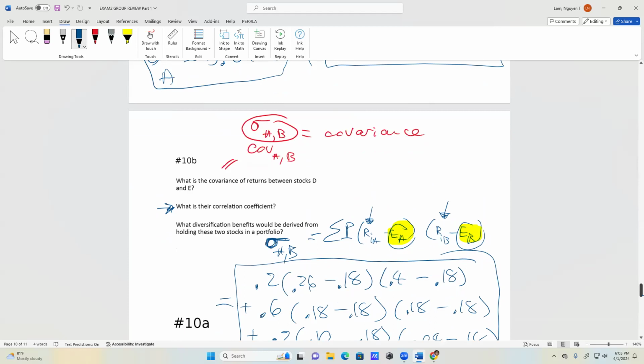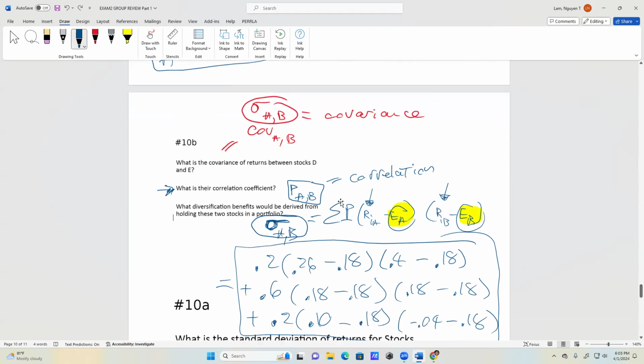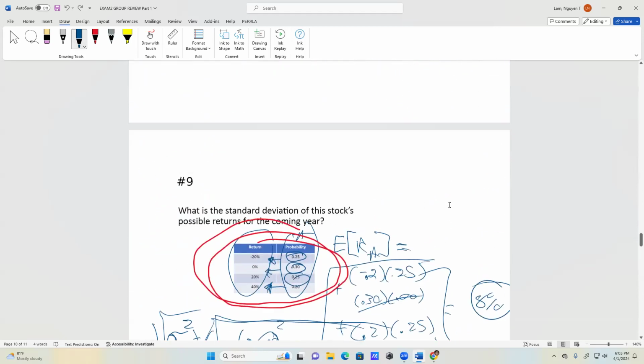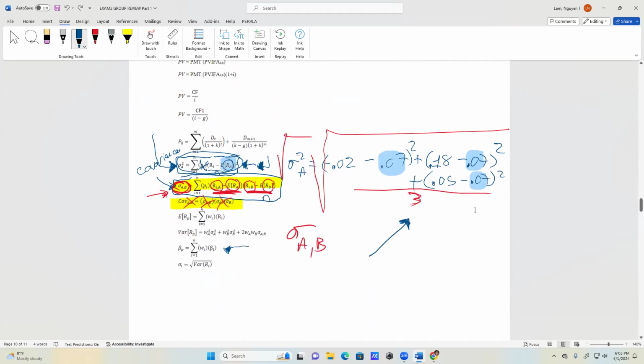From my experience, the correlation is the rho AB. This one is not probability. Reminder, this is called correlation, and this one is covariance. All right, let's go to the formula sheet again where we see the correlation.